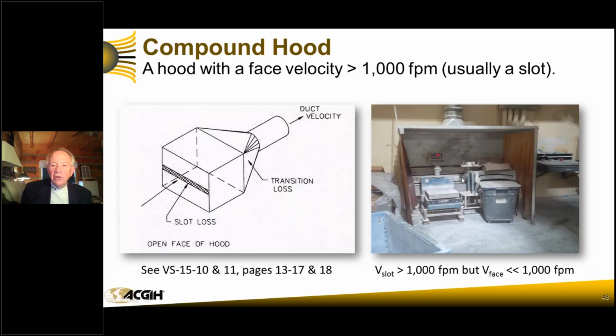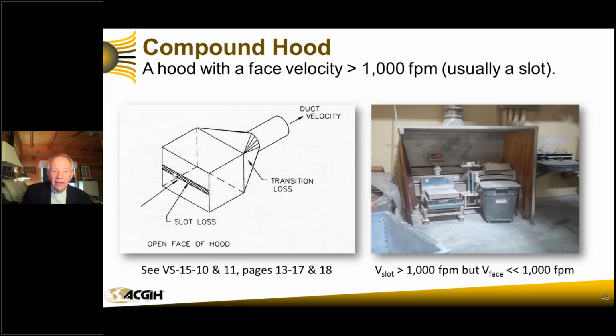This is how we're using the slots for distribution. It's only to get the air to distribute this way, because notice all of our air is being taken away at a location that is at the centroid of the distribution plenum. The slots are used so that we have the same velocity here as we have here, the same velocity right in the center as we have out here. And that's done by having a very large plenum back here.